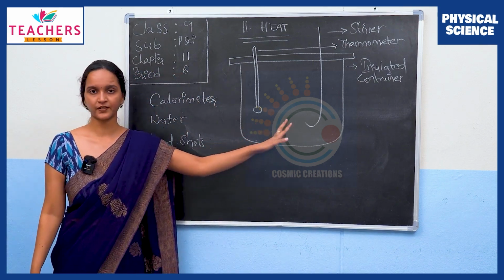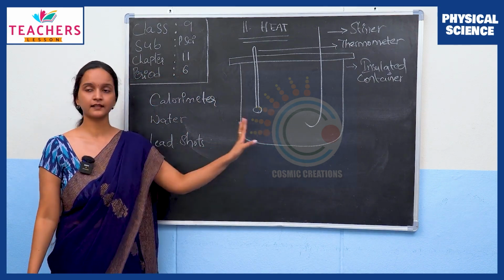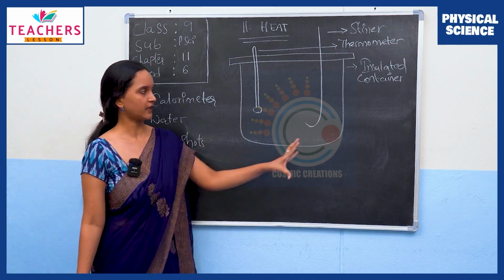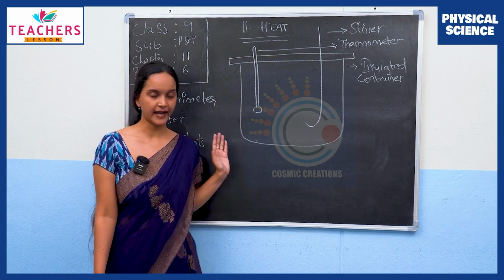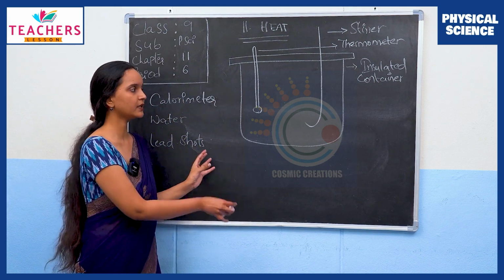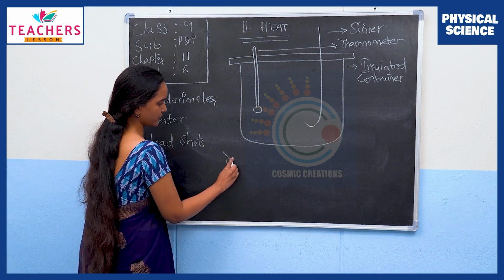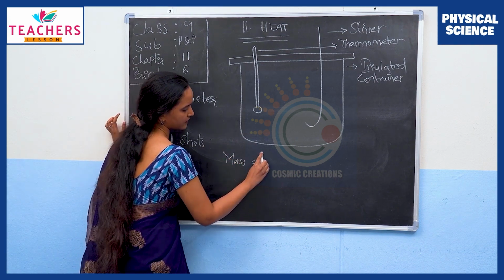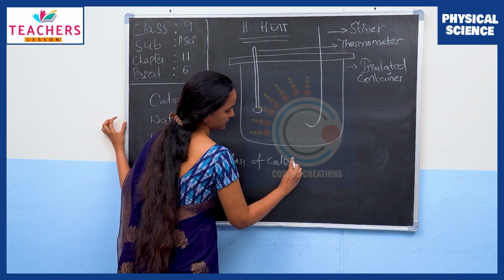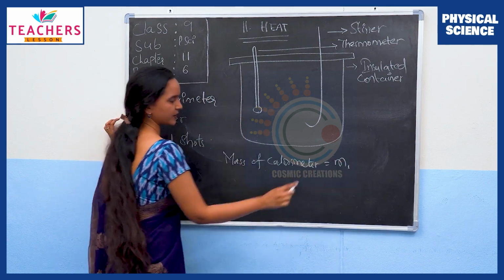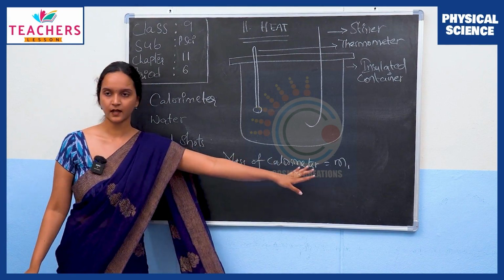So this is our calorimeter. We take the calorimeter along with all the equipment like the stirrer and the thermometer, and we measure the mass of this calorimeter. Let's say the mass of the calorimeter is M1. We record this observation.